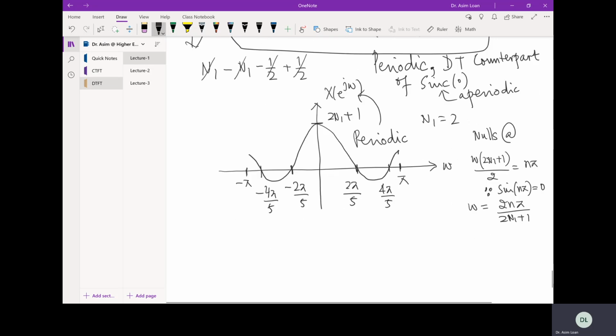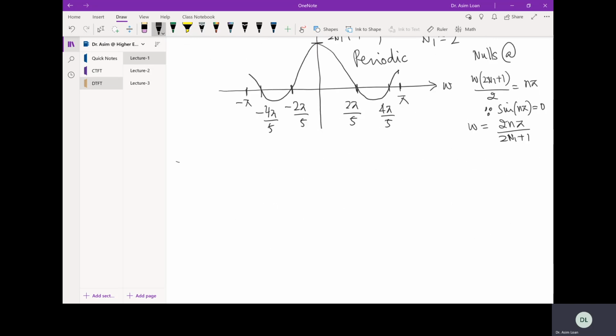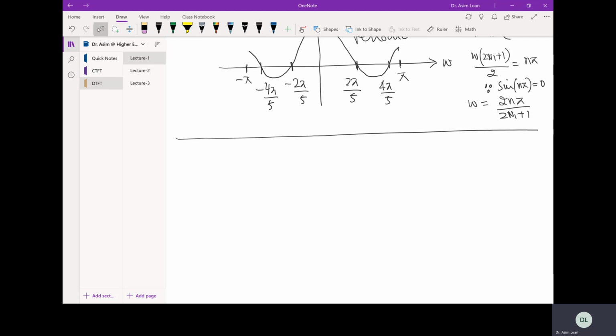Okay. So for the continuous time Fourier transform, we also said, can we find the Fourier transform for periodic signals? So let's see whether we can do it for the discrete time case too. So Fourier transform of periodic signals.